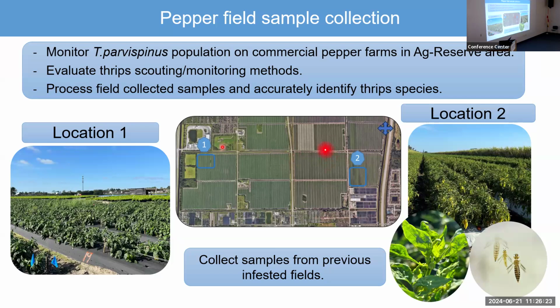Here, I'm going to show you the 2 locations, and later on, I will explain the results that we got from them. We chose these 2 locations because they were previously reported as infested fields.